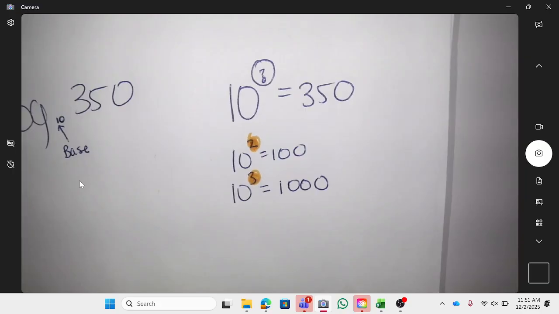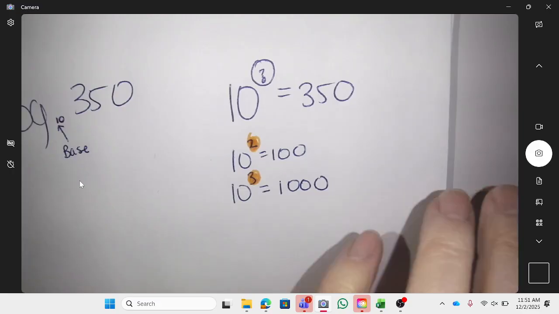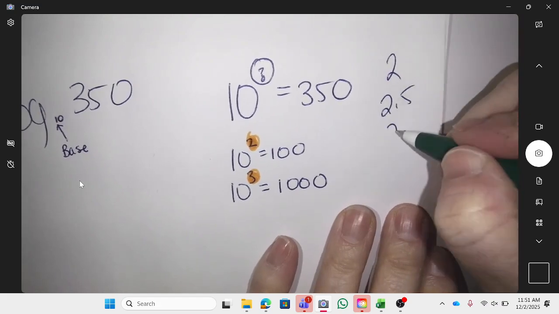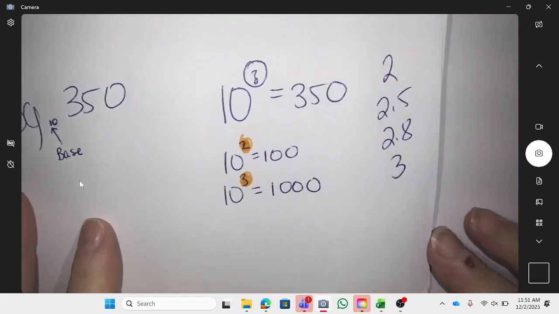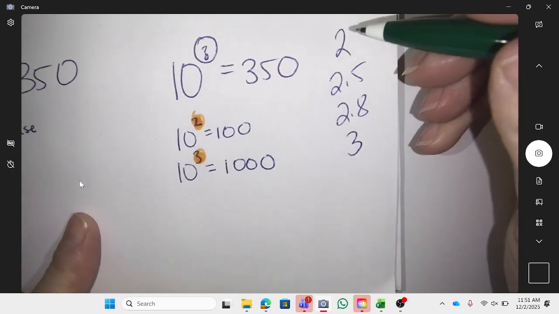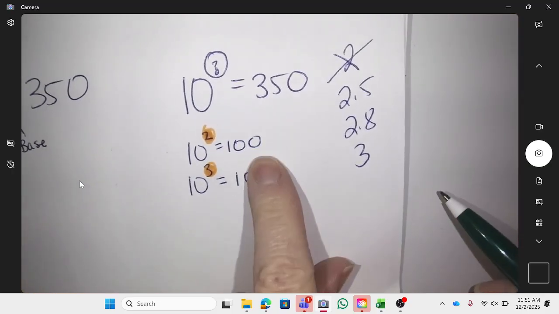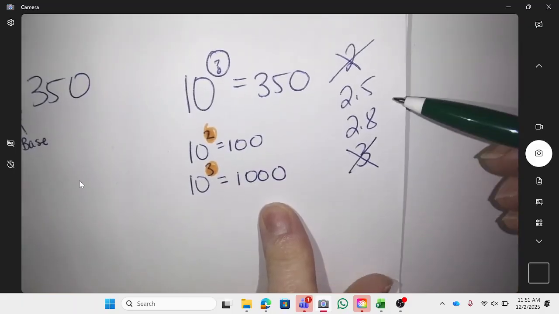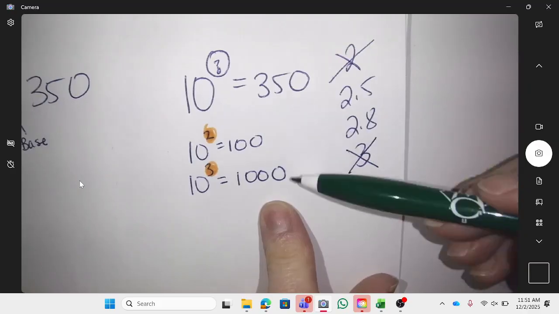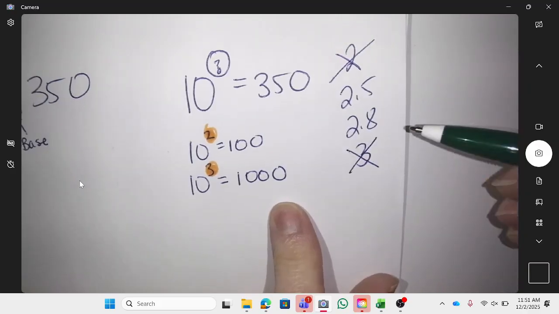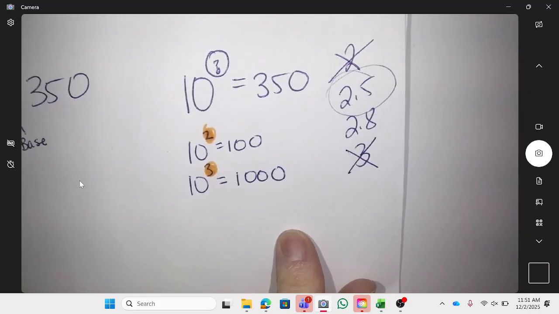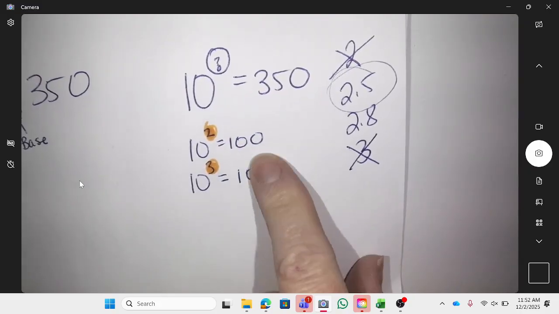You've got to just take a guess. And it's multiple choice: 2, 2.5, 2.8, or 3. So whichever one makes the most sense. It's not 2 for sure, because 2 is exactly 100. So where would you want to be? On the lower end. 350 is lower in between those numbers.